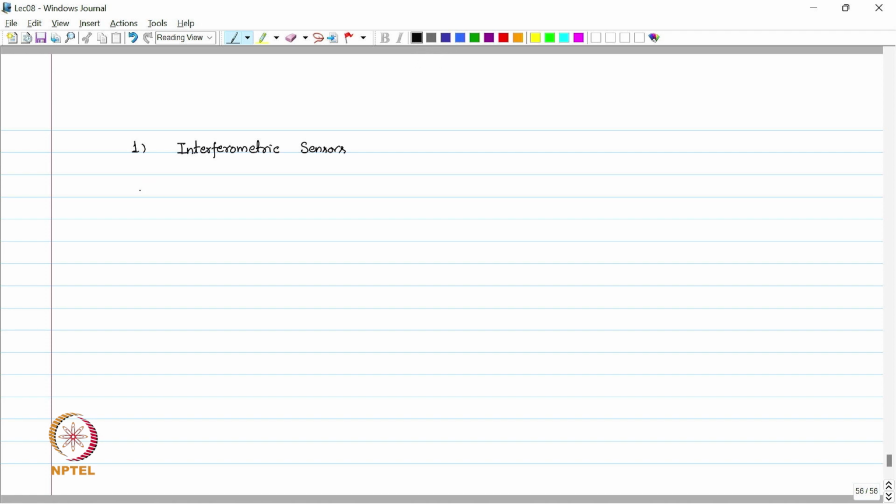The second one is the distributed sensors, and the third one is the Bragg grating based sensors.